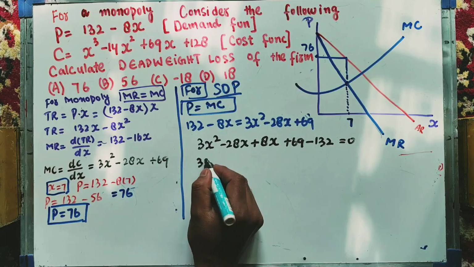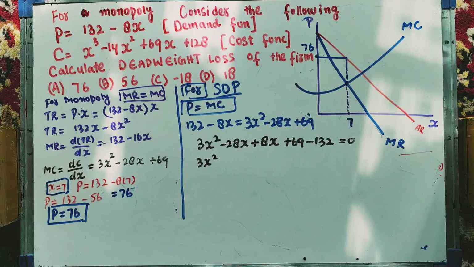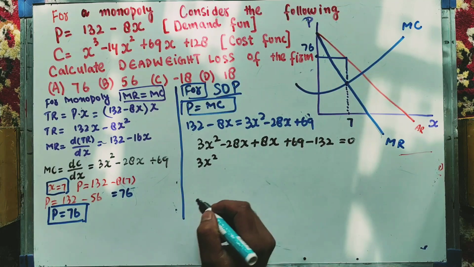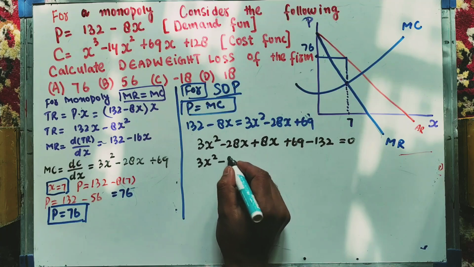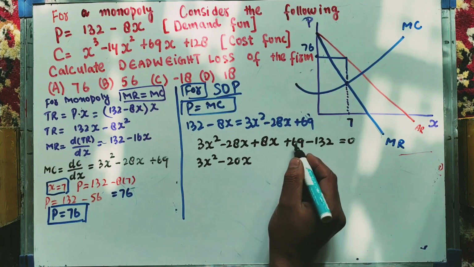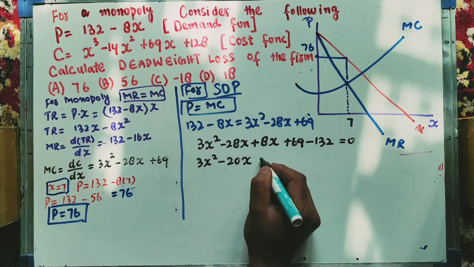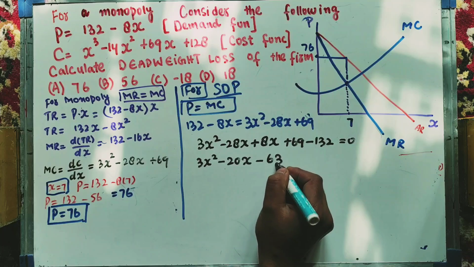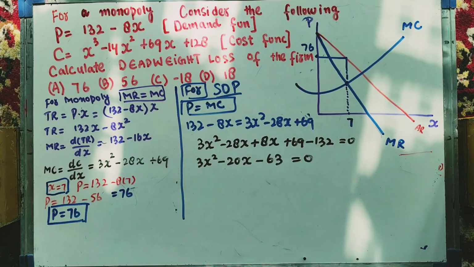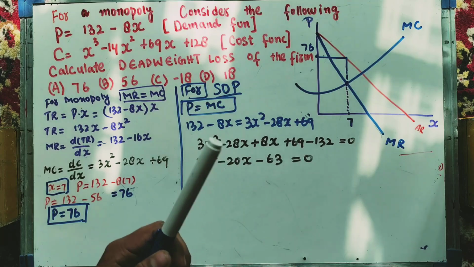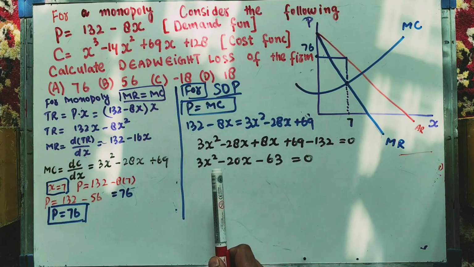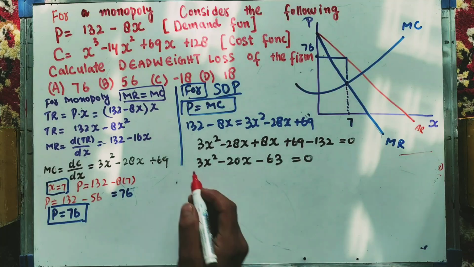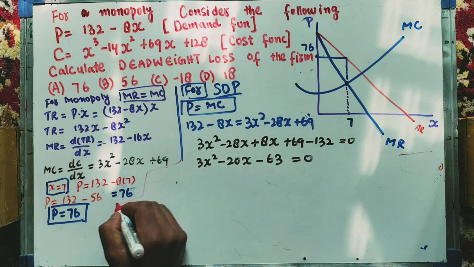So we have 3x square minus 28 plus 8, it is minus 20x, and we calculated it as -63, and it should be equal to 0. Now we have again the quadratic equation. We cannot separate the middle term because the coefficient of x square is 3. It should be 1 if we want to use the separating middle term method.